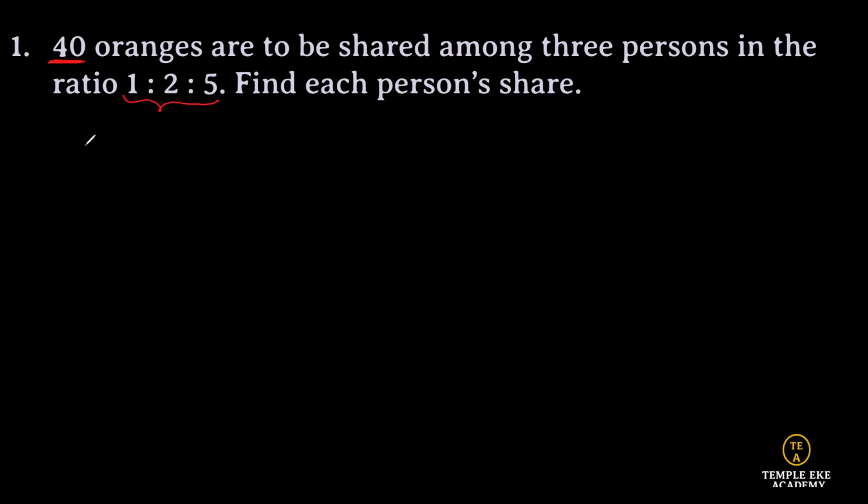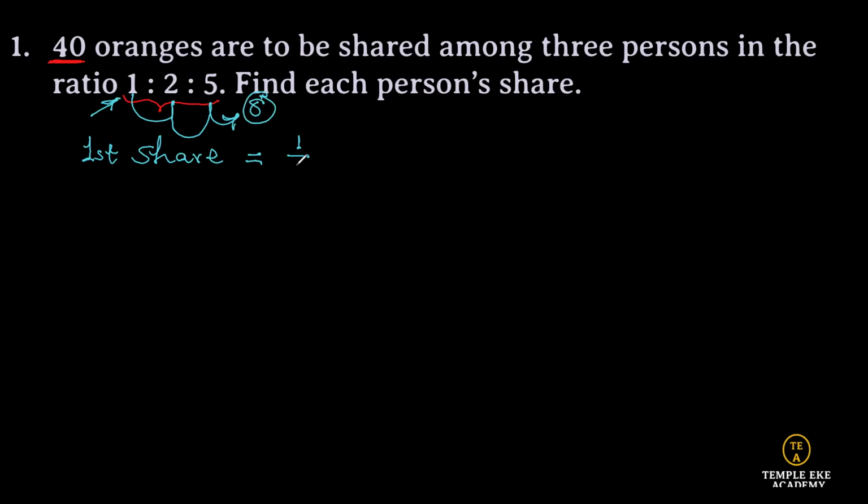So the first person's share is simply obtained by using the proportion that represents the first person's share. The proportion is the part of the ratio representing the first person, which is 1. So we have 1 divided by the sum of the ratios, 1 plus 2, that gives us 3, and 3 plus 5 gives us 8.